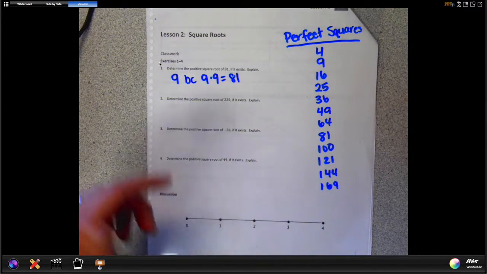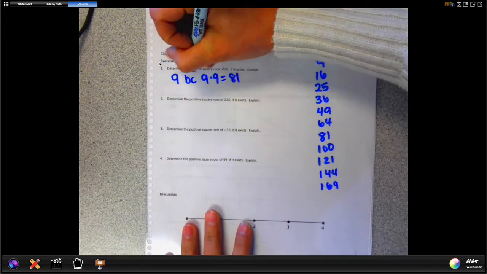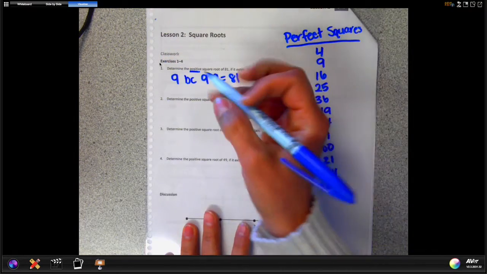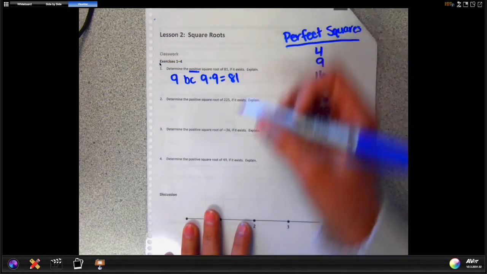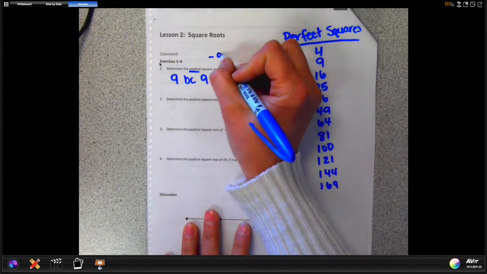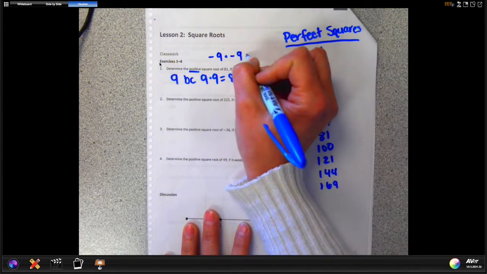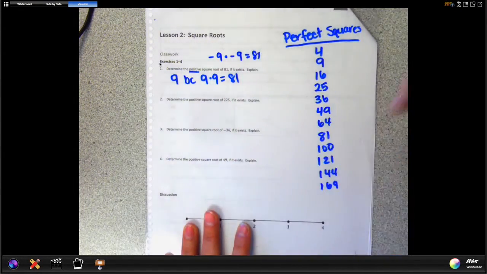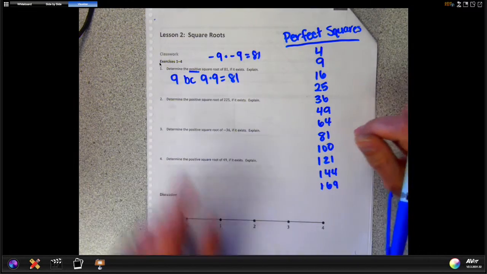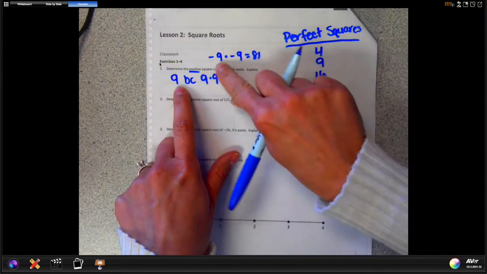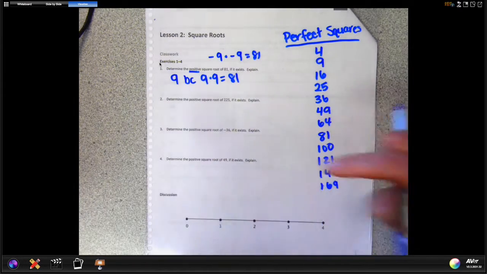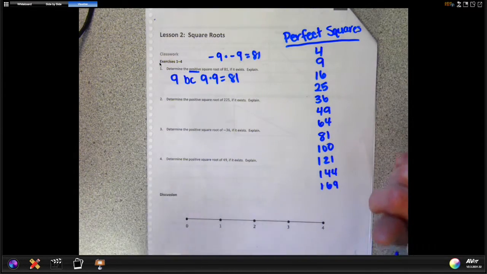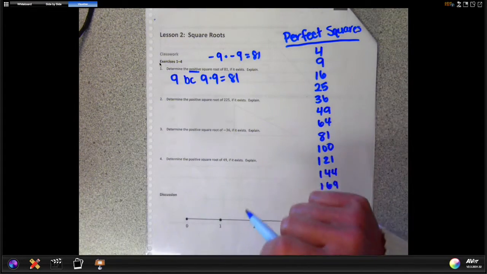Now, the reason it's saying positive square root is because technically there's also a negative square root, because negative 9 times negative 9 is also 81. So there's really a positive square root, 9, and a negative square root, negative 9. But for our purposes, we're just going to be focusing on the positive square roots.